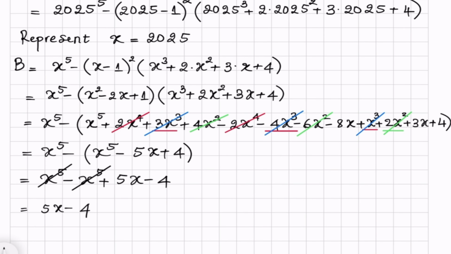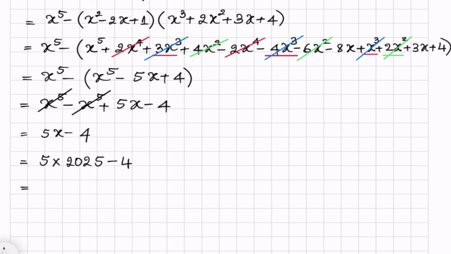Okay, so x is equal to 2025. We can substitute x by 2025 and then minus 4. So 5 times 2025 will be equal to 10125 minus 4. So that will be equal to 10121.